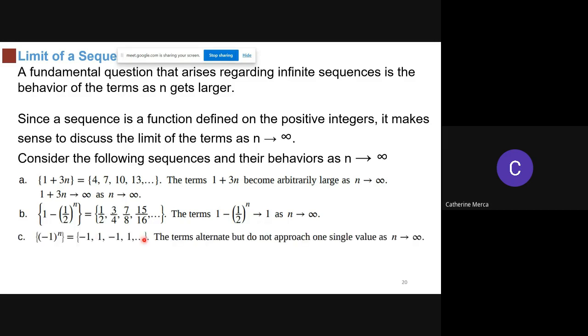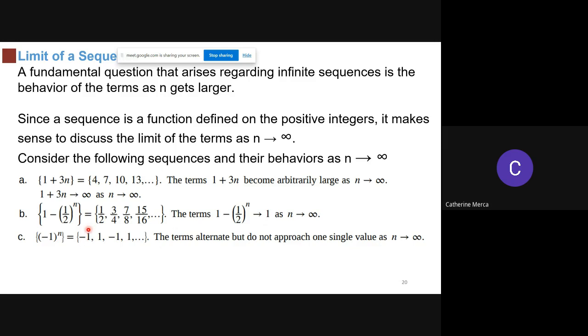How about this one? Negative 1 to the n. When n is equal to 1, we will have negative 1. When n is equal to 2, we will have 1. When n is equal to 3, we'll have negative 1. The terms alternate but do not approach one single value as n approaches infinity. Correct? So it does not have any single value.